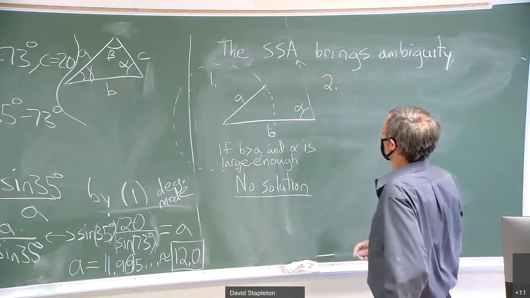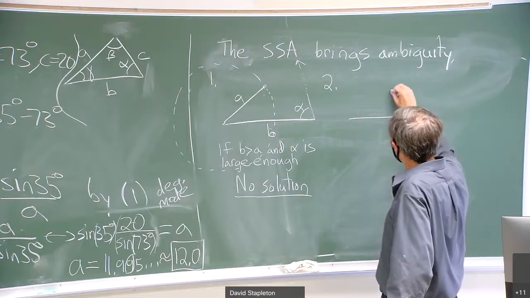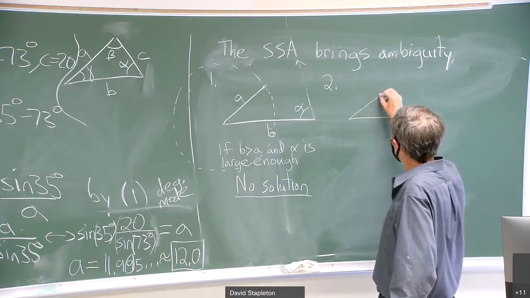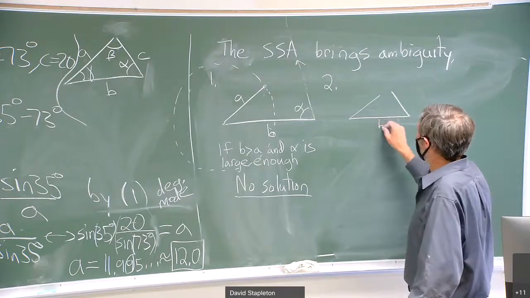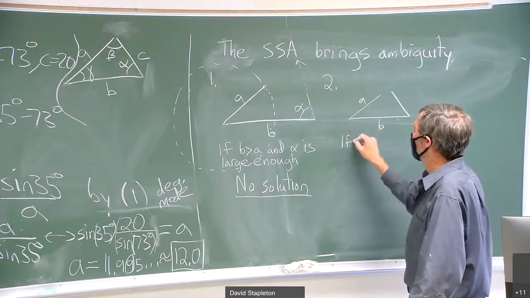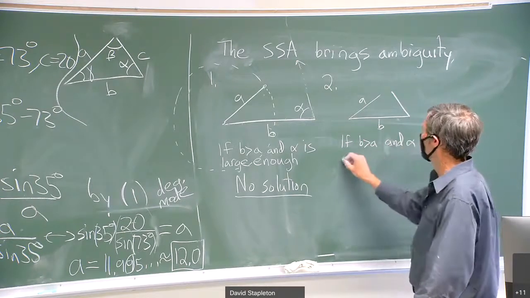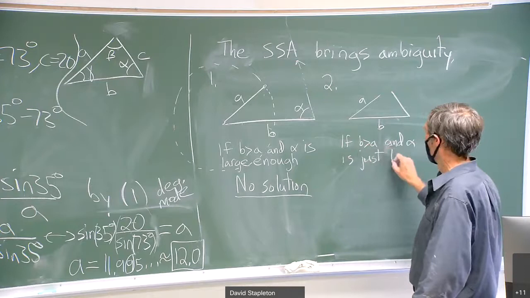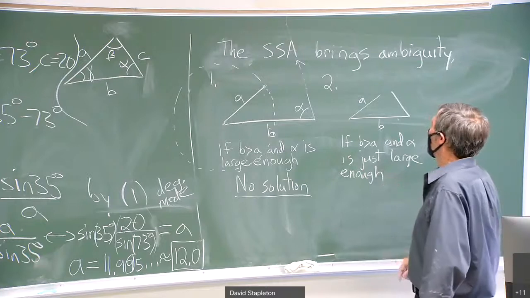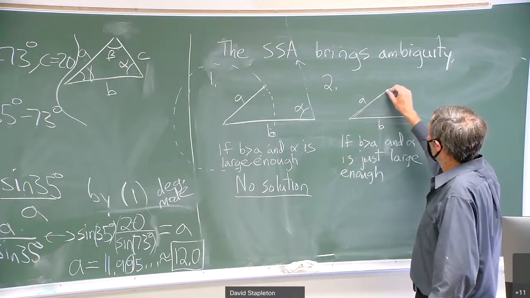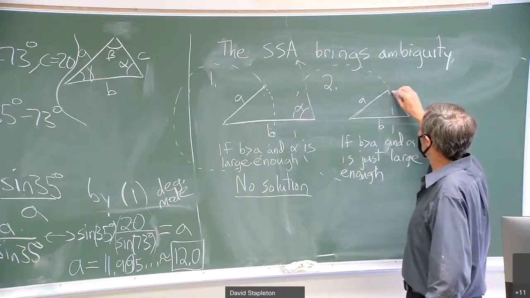The second case is this. If you have an angle here and a side here, with this side bigger than this side, and alpha is just large enough, what can happen is you can take the side and swing it around just right, in this big circle around which you can swing, and it just touches at this one point along this ray, right?